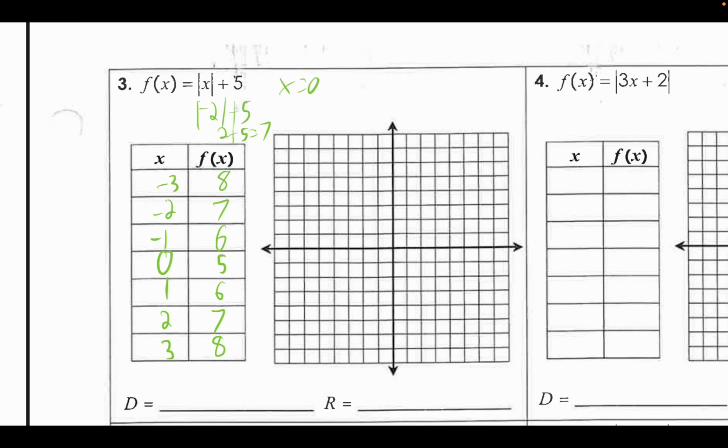So now as I go ahead and graph these points, we end up getting these 7 points, with the domain being all real numbers, or negative infinity, comma infinity, as it will be 100% of the time with absolute value functions, and the range this time being y is greater than or equal to 5, because that's the lowest point, it is 5, and it goes up from there forever, or 5, comma infinity.